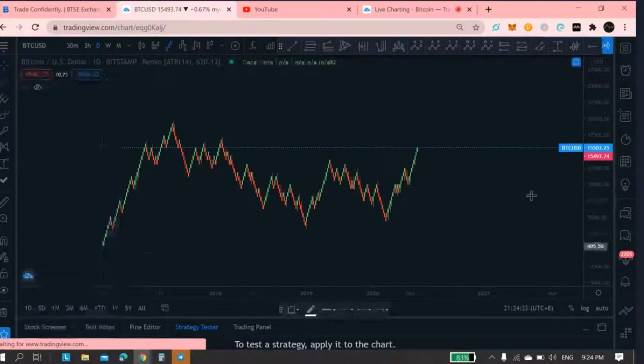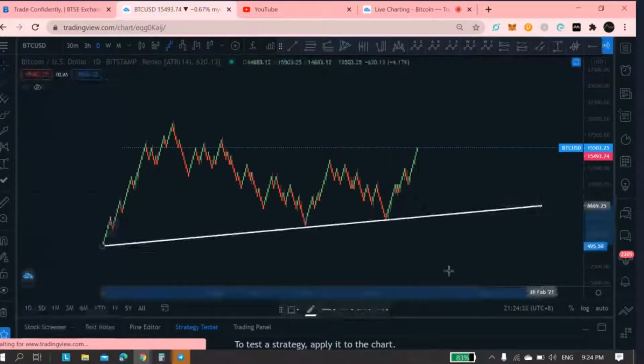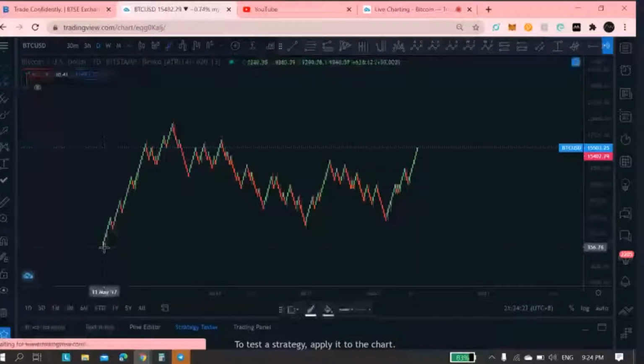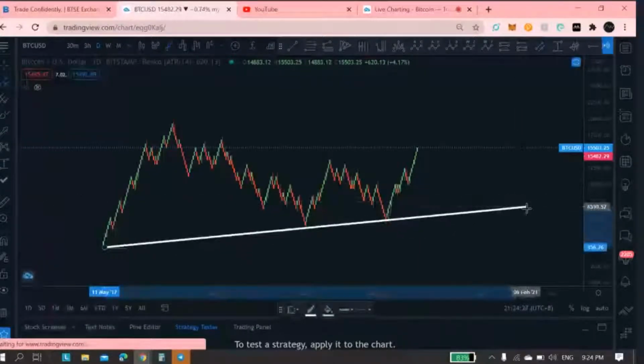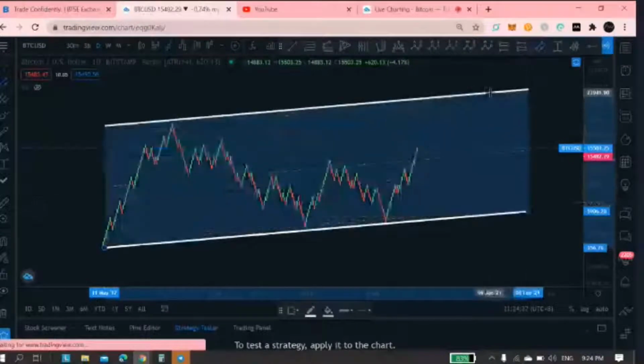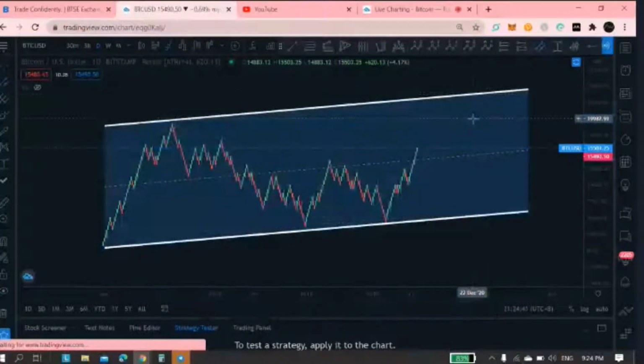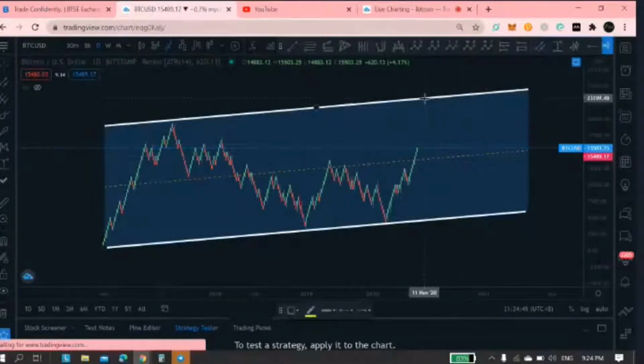But for me, I'm expecting a triangle. Sorry, I will use the parallel channel. So this one. I'm expecting it to create a new all-time high around this resistance area.